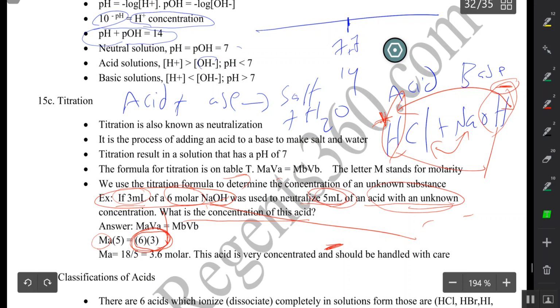When I do the calculations, I realize that the molarity of my acid is going to be 3.6 molar. This is a very highly concentrated acid and should be handled with care.